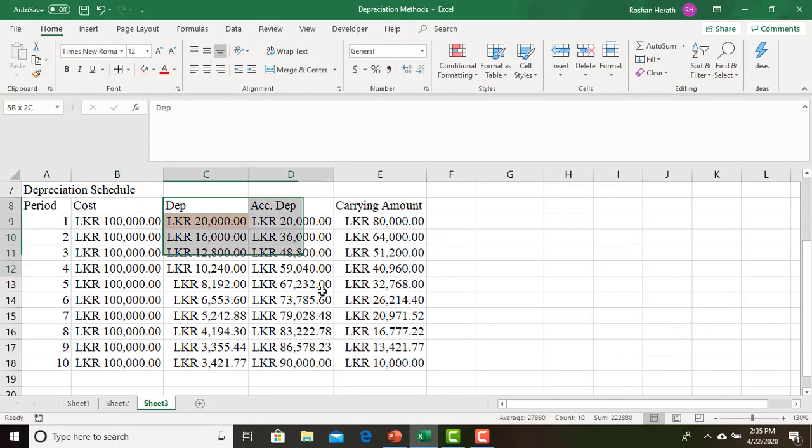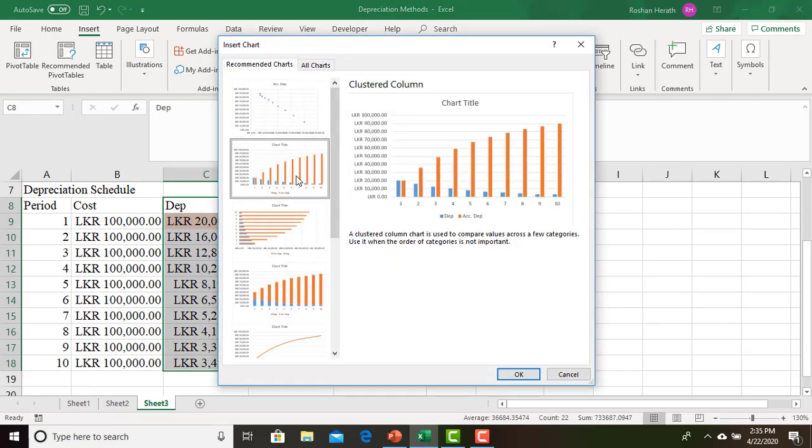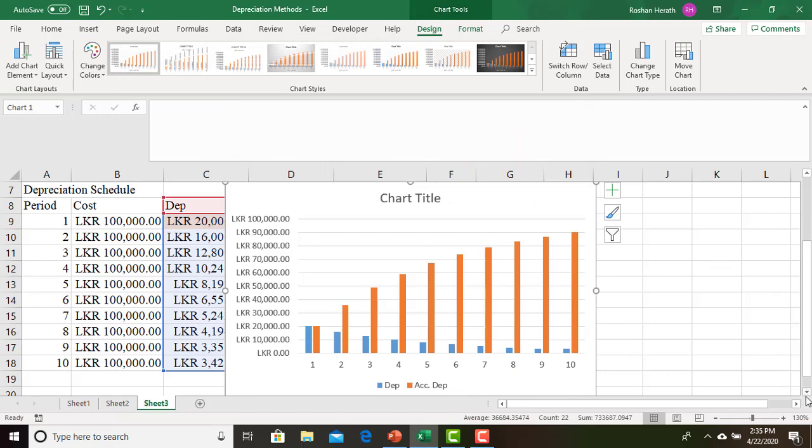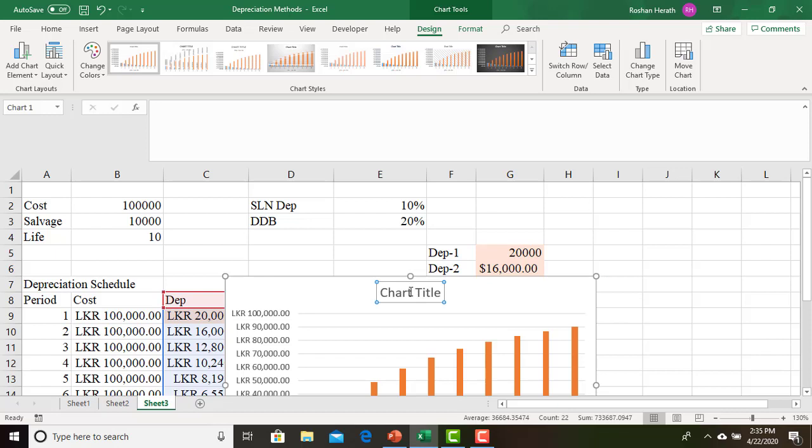Now again you can draw the chart. You may go to Insert, Recommended Charts. You may select the clustered column and you may get that. So that is your chart under the method. This time it is DDB.